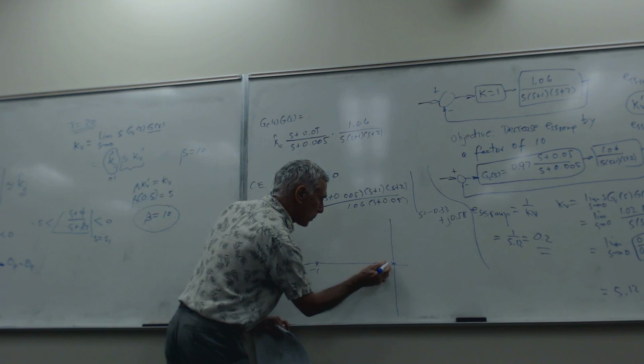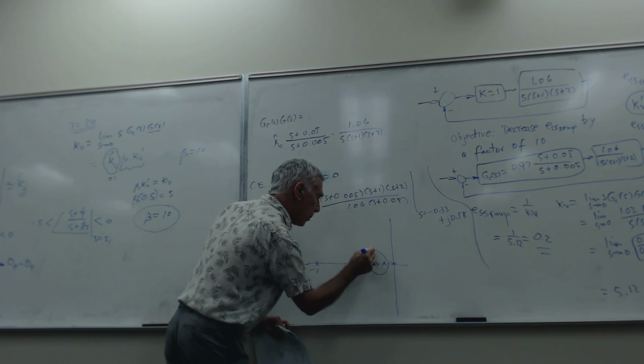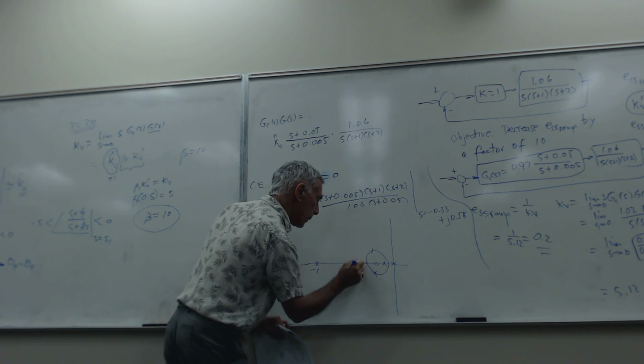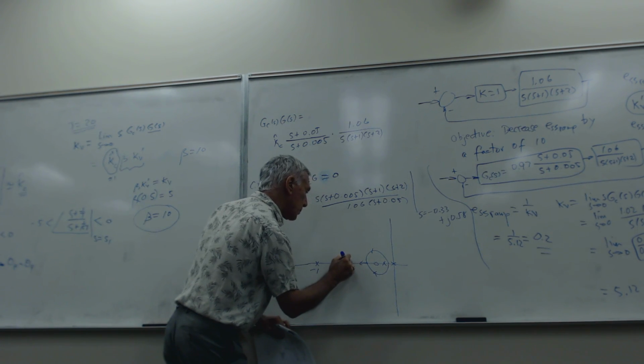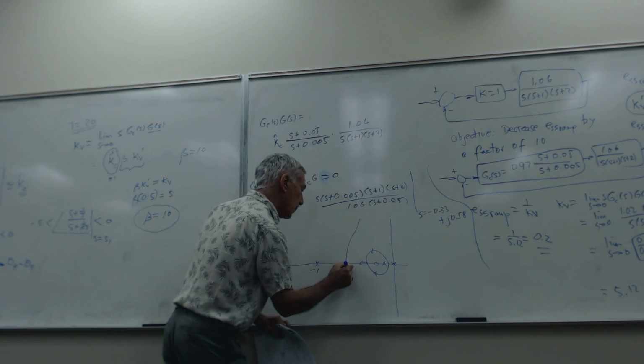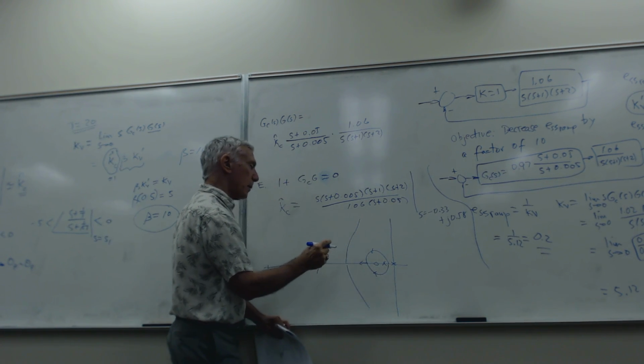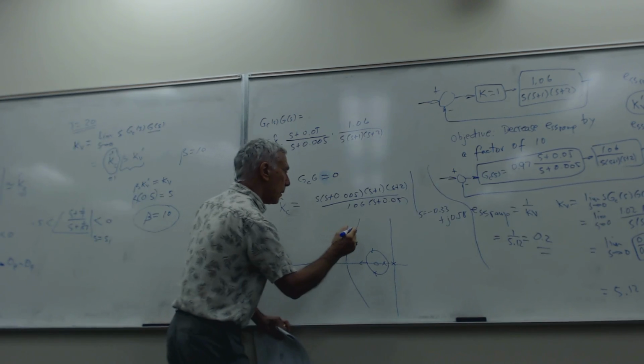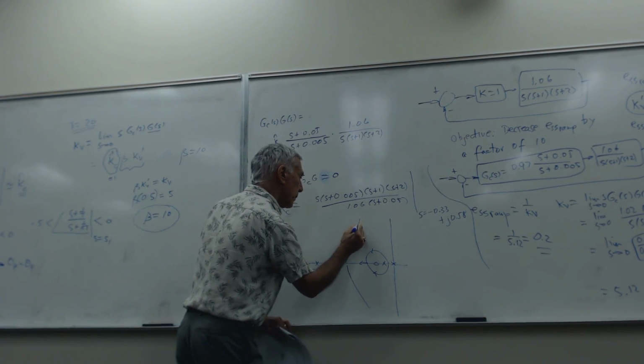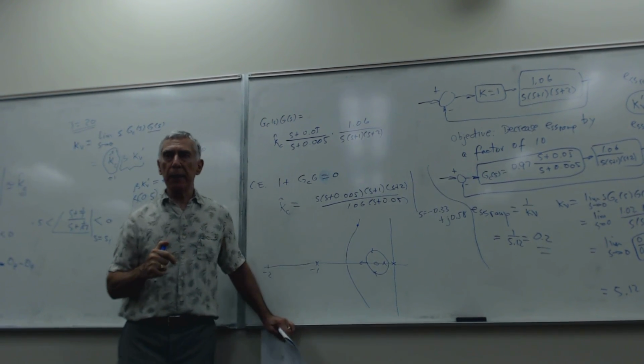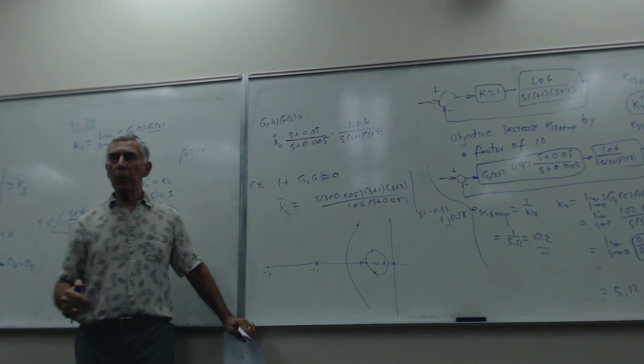What we saw was that it comes this way, and then one goes off in this direction, the other one goes off in that direction, and it's right in this region here that we have our dominant pole.